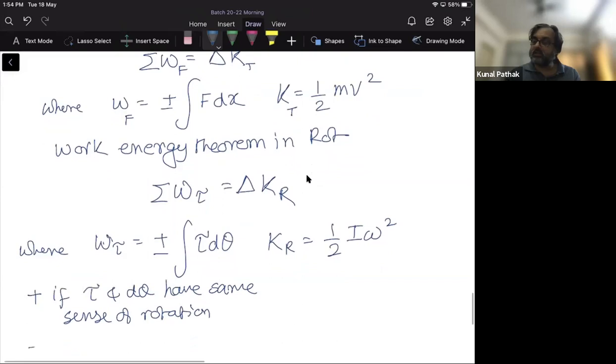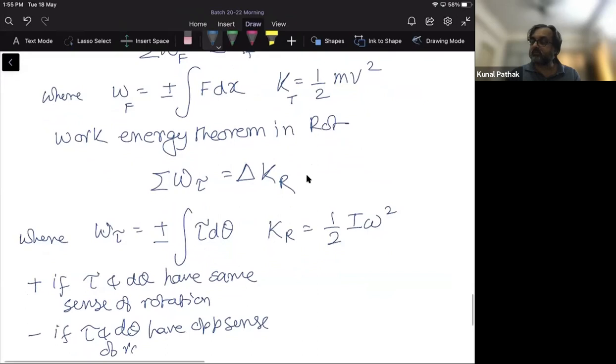And minus if torque and d theta have opposite sense of rotation. Okay. So work done by a torque is very, very easy to find out. All you have to do is simply integrate the value of torque.